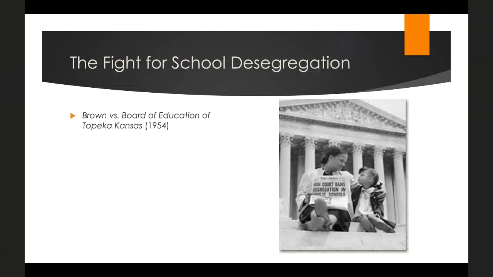Warren wanted the decision to be unanimous to show that this was not a partisan decision, that this was the only way to preserve the institutional legitimacy of the court, as well as to avoid backlash by southern states. And we'll talk about how that ultimately did not work.